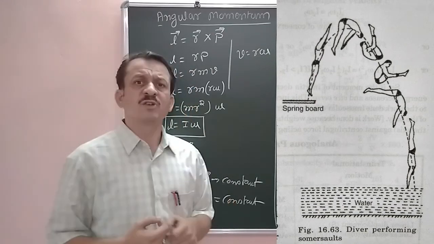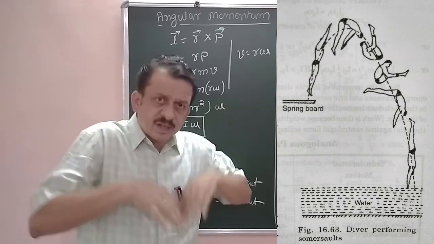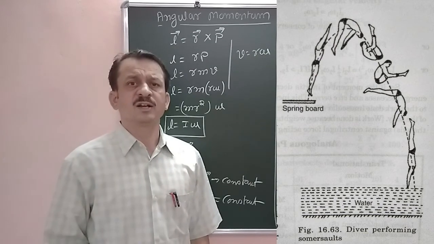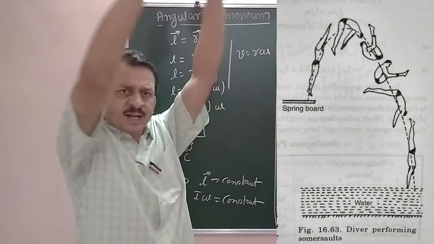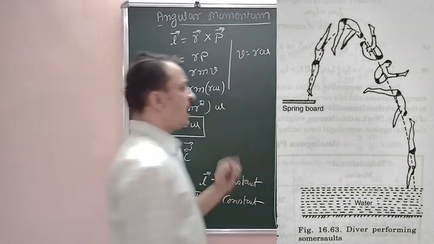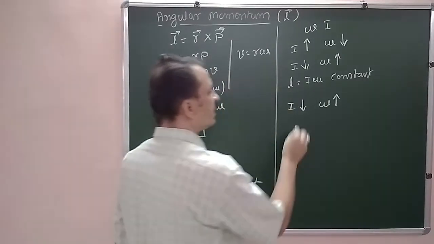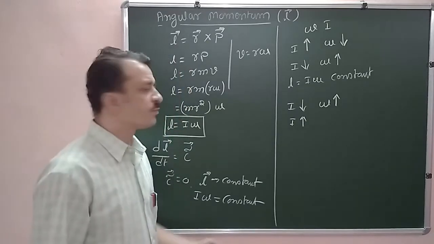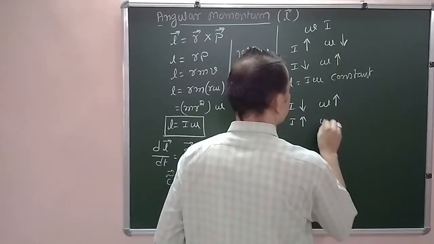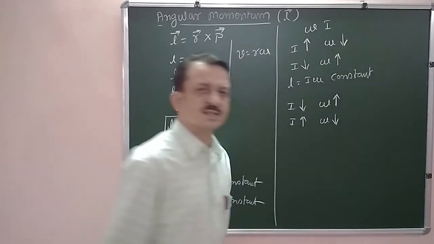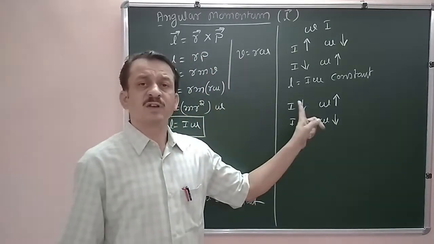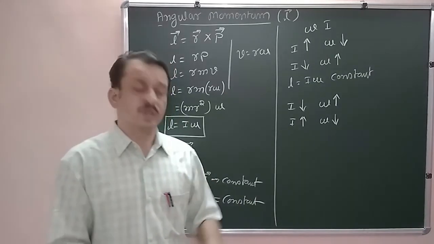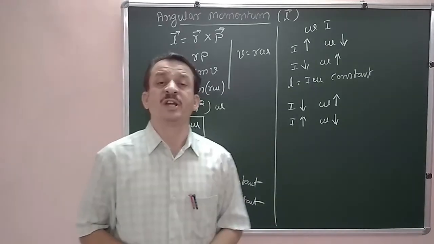After performing the rotations, before entering the water, that diver suddenly stretches his hands and legs. As he stretches, the moment of inertia increases. So obviously, the angular velocity decreases. This decrease in angular velocity will not harm the person who is entering the water.